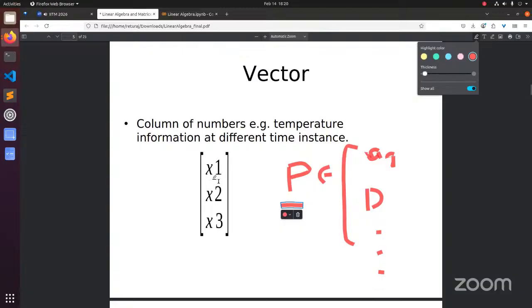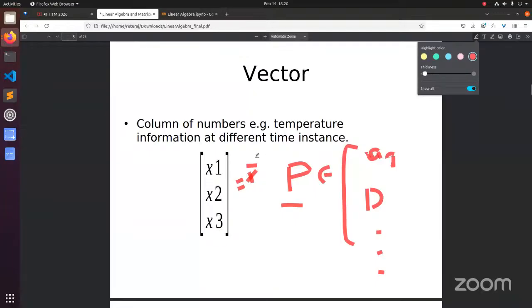Something of similar category. So if you have a vector, it simply means each of these terms is a scalar value which measures some characteristic of this variable x. So x is some instance, and let's write it x bar.